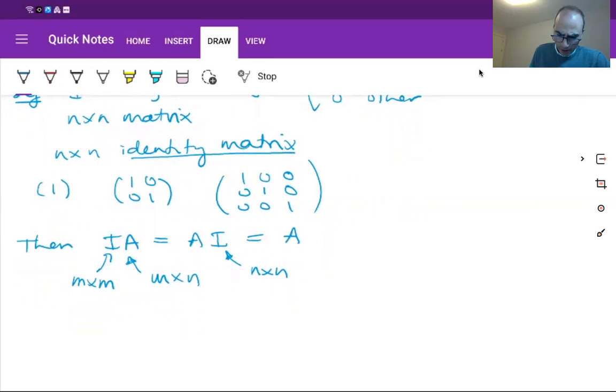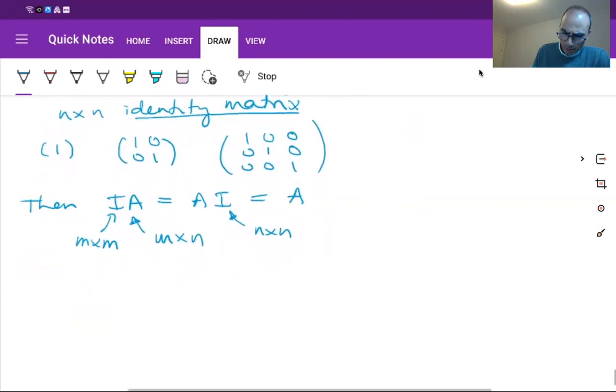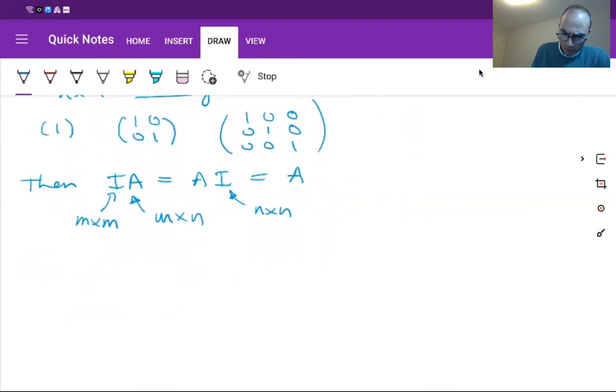So we certainly have this, and we're interested in when a matrix has an inverse. We will only consider inverses of square matrices; they don't make much sense otherwise.